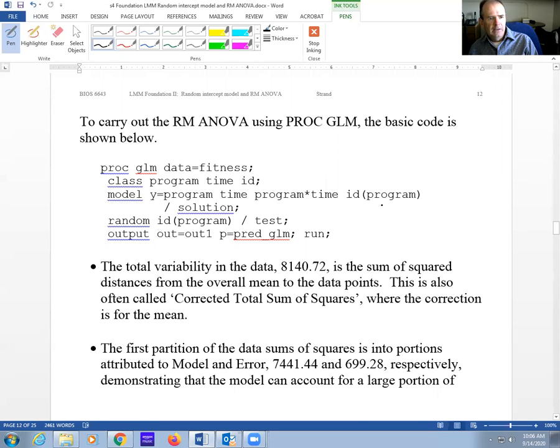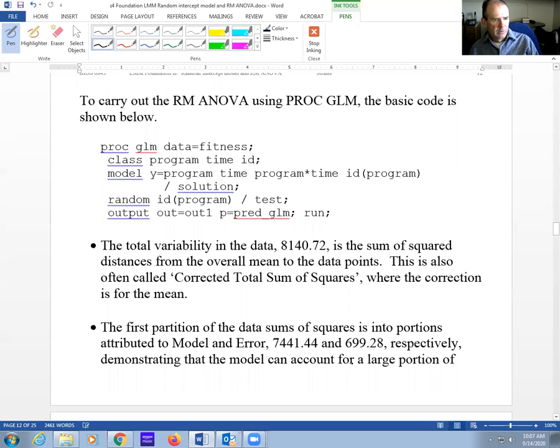And we actually add the subjects within program. So even though it's a random effect, we're adding it as a fixed effect in the model. That's not really correct, but it's the way that we partition the variances and the sources of variability the right way. And then we go back and we can adjust the test to get the right denominator for group. That's the way we do it in Proc GLM. And we get our sources of variability.